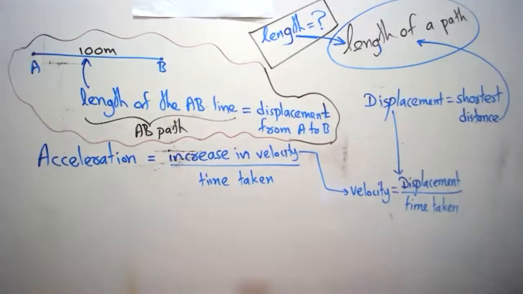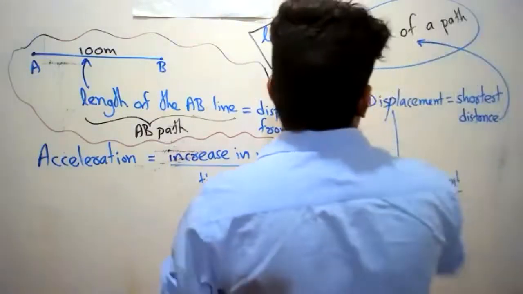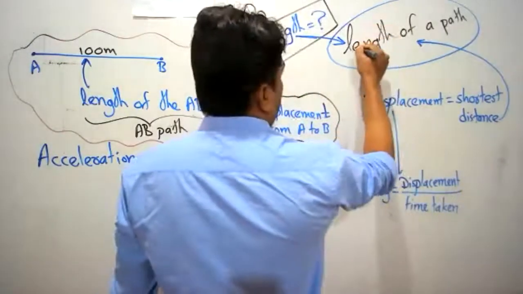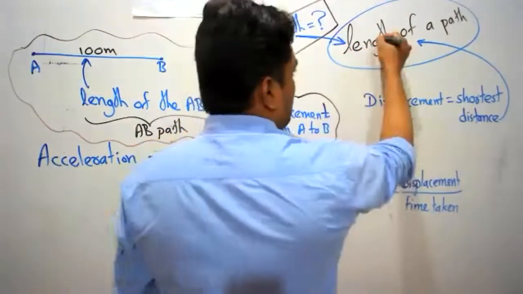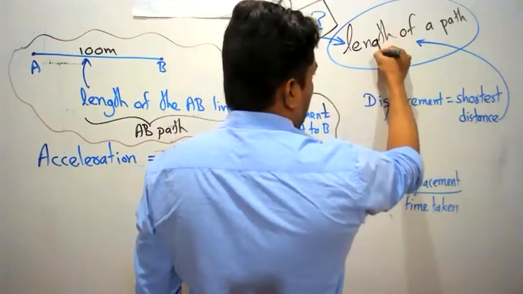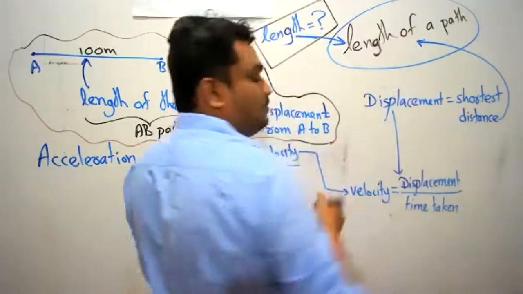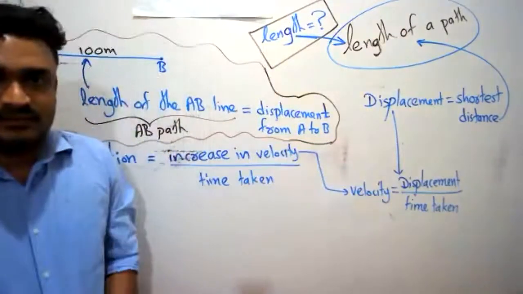Such physical quantities are known as fundamental physical quantities. Length is a physical quantity and it cannot be defined by other physical quantities.